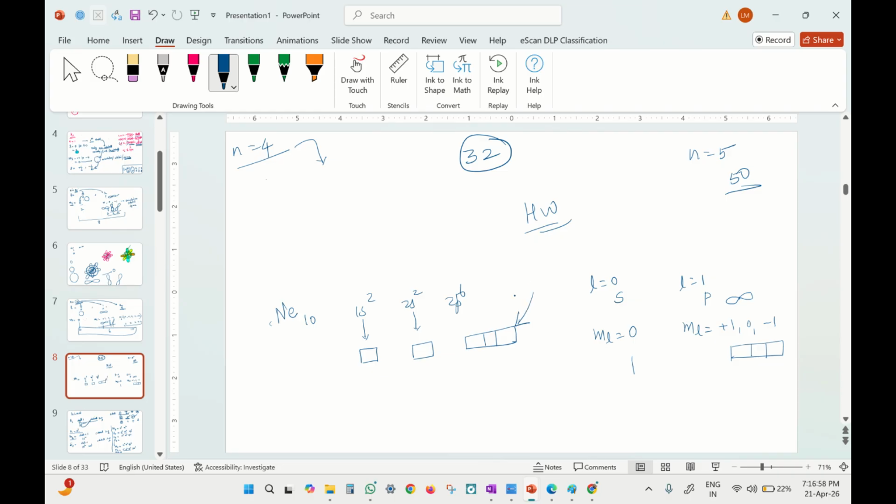Clear? Instead of drawing px, py, pz, it will be always tedious for me to do it. So we draw this diagram. So there are two electrons. How do I represent 1 and 2? One with upward half and the other one with the downward half arrow, indicating that it is clockwise. The first one is clockwise spin. The second one is anti-clockwise. Clear?